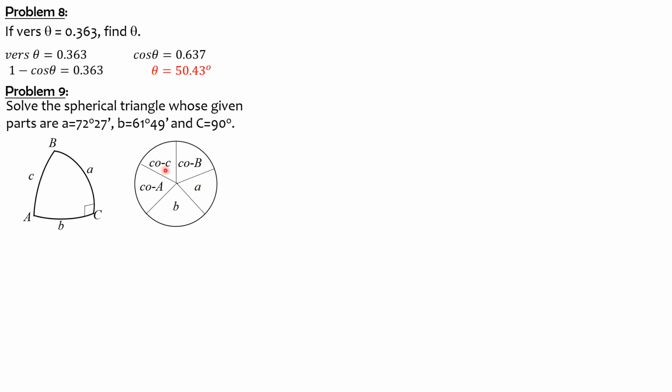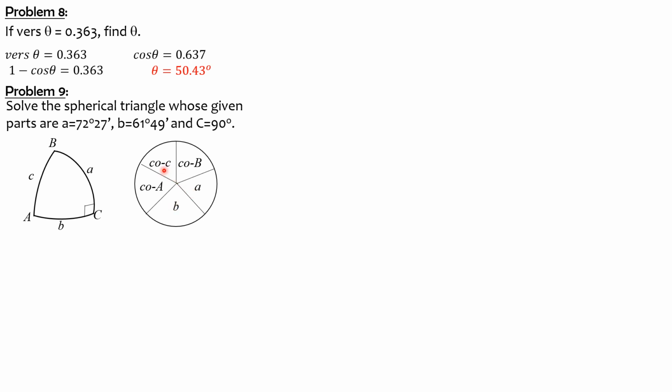Because if one is wrong and you use that for the next solution, then everything would be wrong. So I suggest that the two given elements should always be involved in the solution.